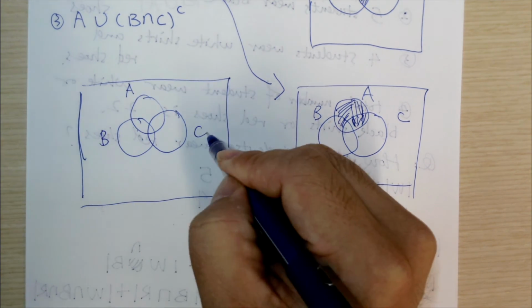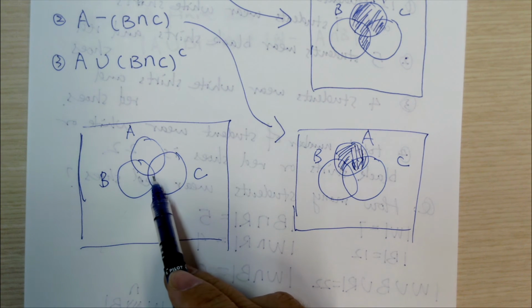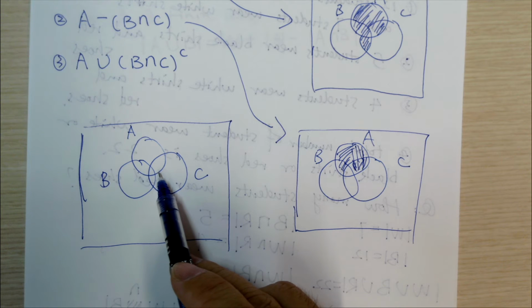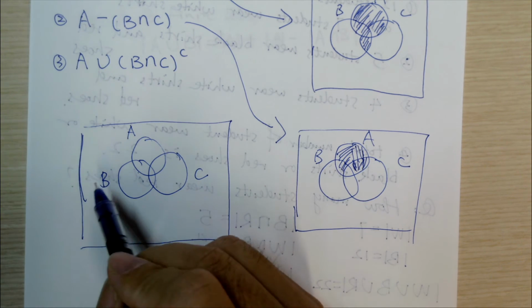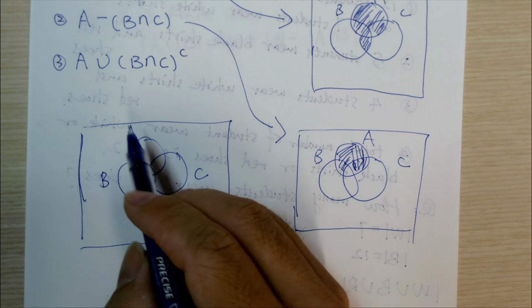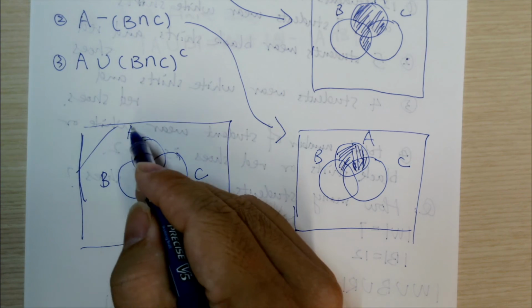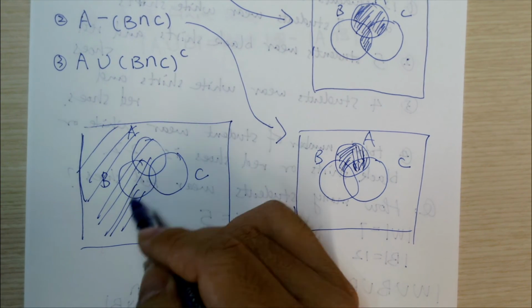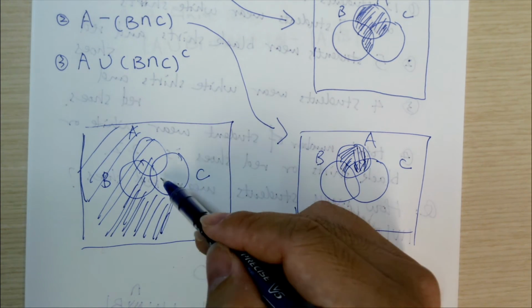And then we can draw it here. A, B, and C. So B intersect C is right here, right? And then its complement, union A. Basically, as you can see, this is the B intersect C complement, right?